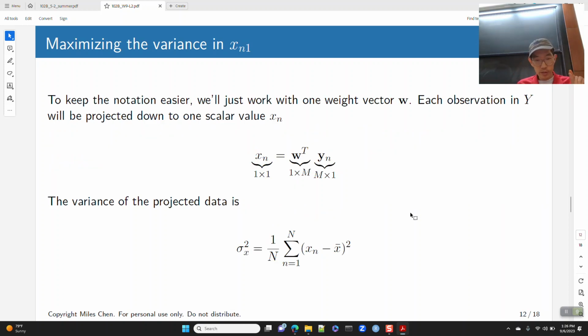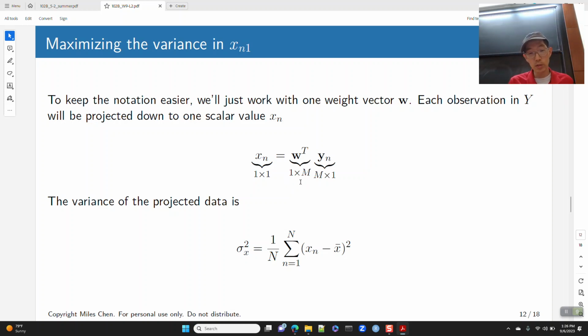And to get us started, we're just going to work with one vector w. My data in y, for my nth observation, y exists in m dimensions, and we want to reduce this down to one dimension. So we're going to get the nth value x. So x of n is w transpose y sub n.